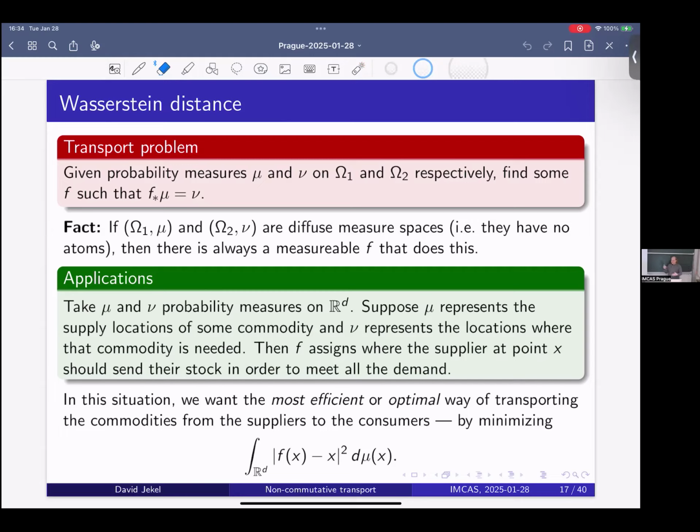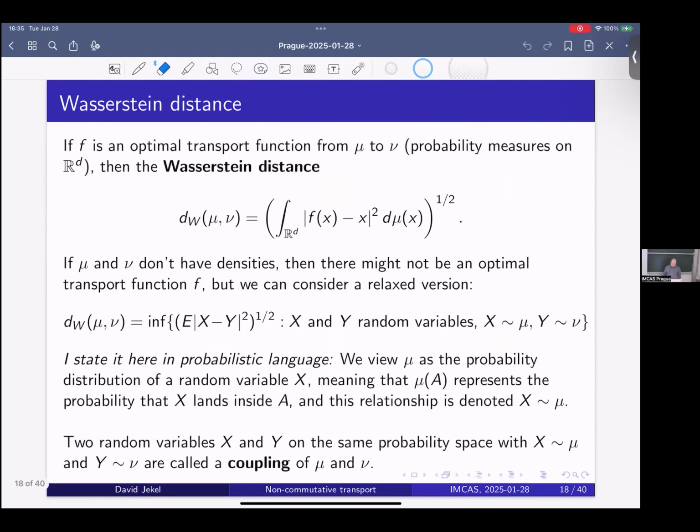So you have to do this in the most efficient way possible. You don't want to be traveling lots of extra distance, right? So then you can try to study this problem, which was studied by Monge, how can you minimize this kind of squared distance? And the optimal value of the distance is the so-called Wasserstein distance, right?